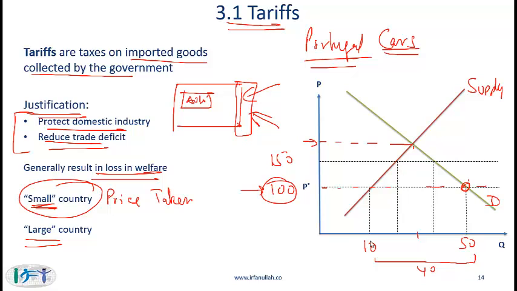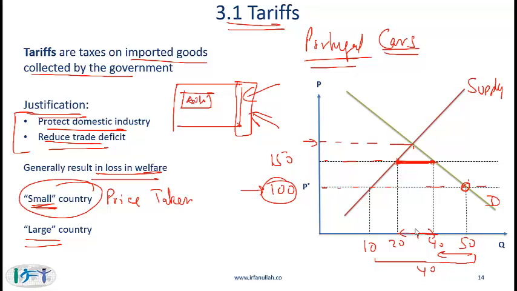At 150, the domestic production will go up because now the price in the market is 150. So the domestic supply or production goes up to 20. What about the demand? The demand will come down. Say the demand comes down to 40. Now the amount imported is this distance over here, which is 20.